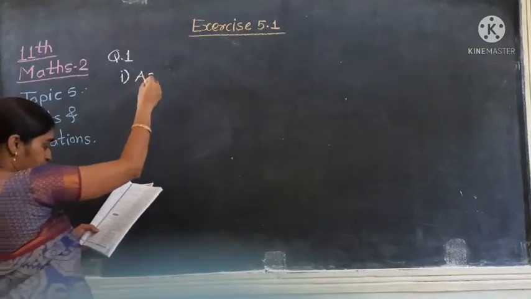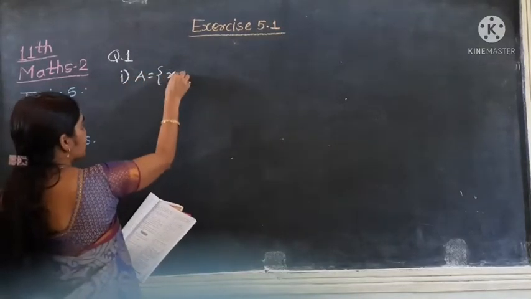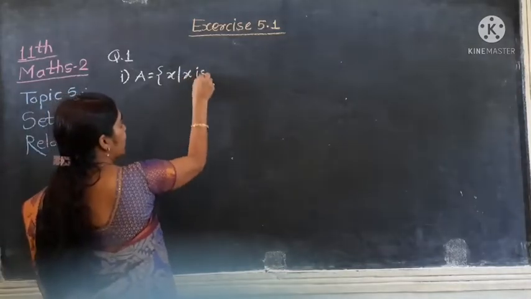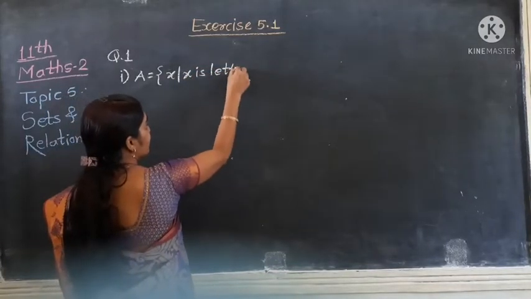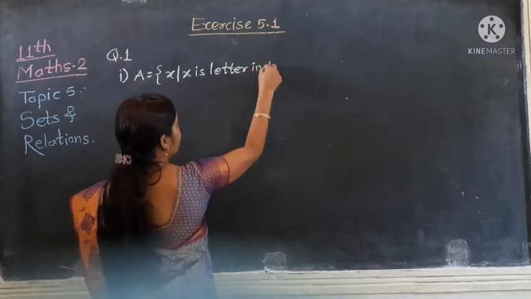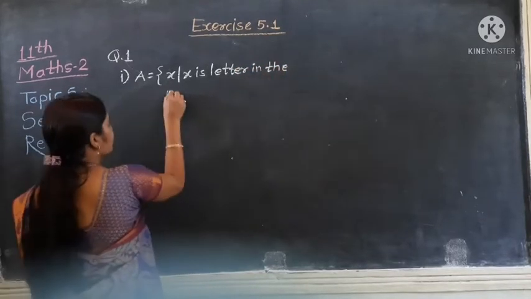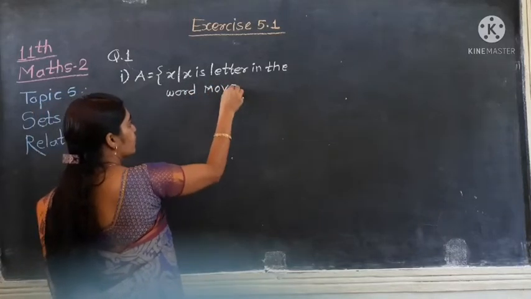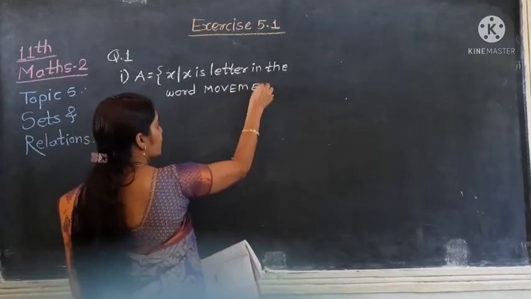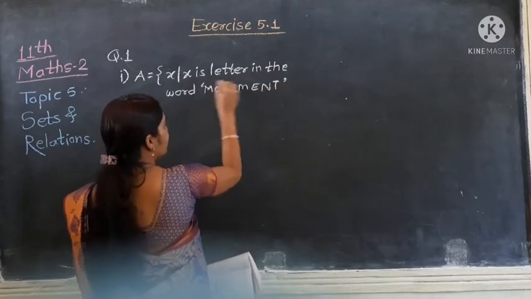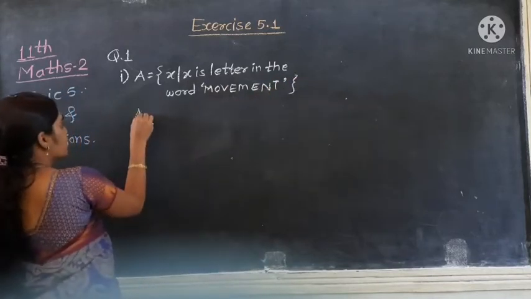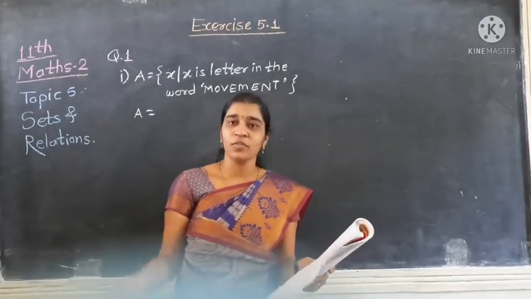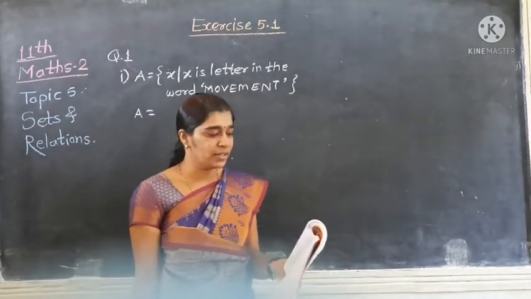A is equal to the set of all x such that x is a letter in the word MOVEMENT. We have to write this in roster form, that is, the listing method.